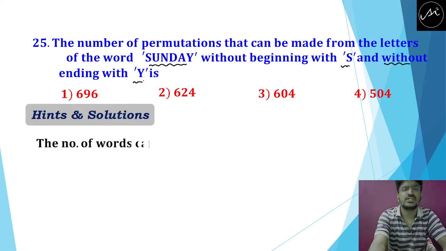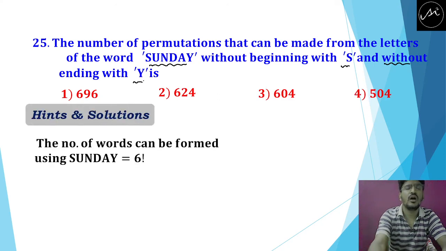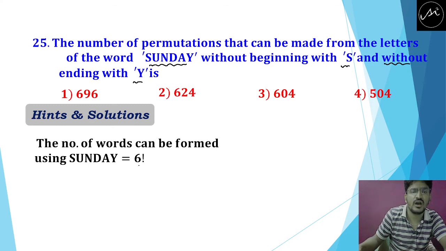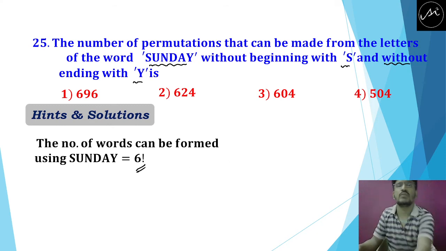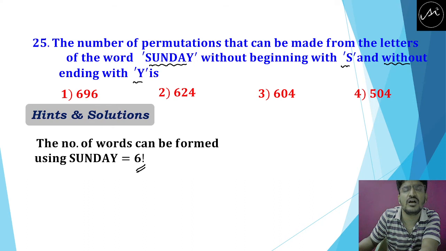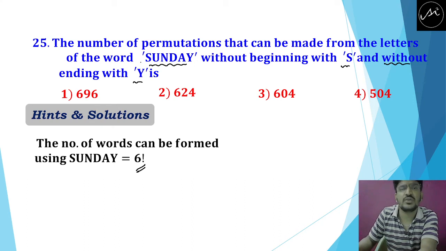So you can just see the number of words that can be formed are 6 factorial, because here you have 1, 2, 3, 4, 5, 6 letters. So that can be arranged in 6 factorial ways.